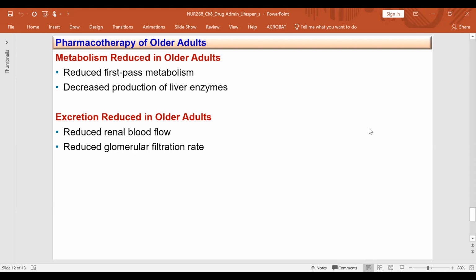Polypharmacy accounts for 60% of hospital admissions. Polypharmacy accounts for 50% of all medication-related deaths. And sometimes it results in non-specific symptoms in the elderly, like dizziness, cognitive impairment, and drowsiness.